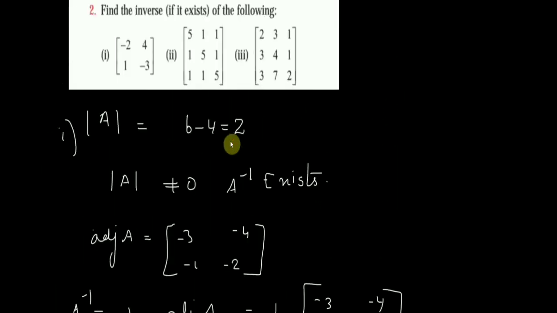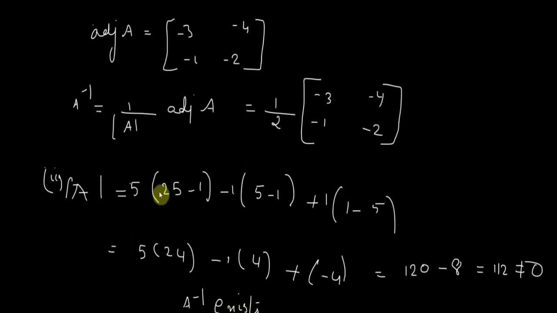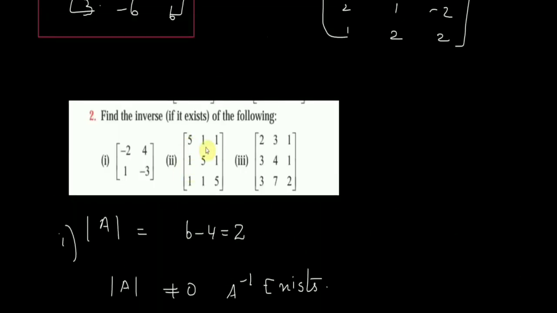Okay, now the second question, the 3 by 3 matrix: 5 1 1, 1 5 1, 1 1 5. First we have to find the determinant of this.